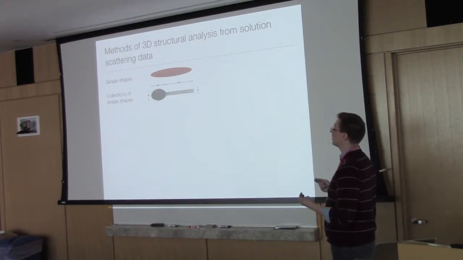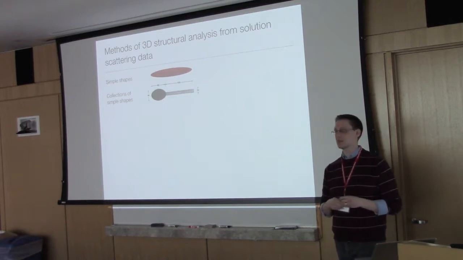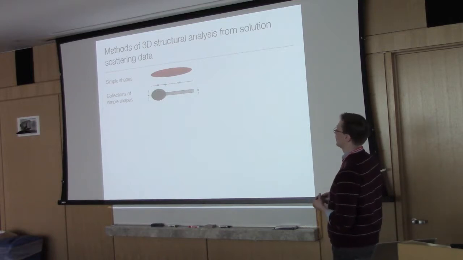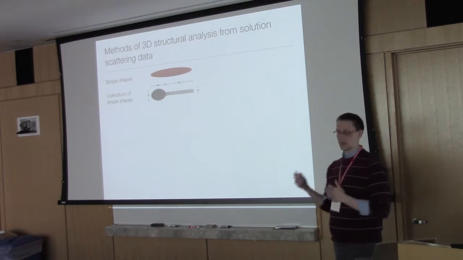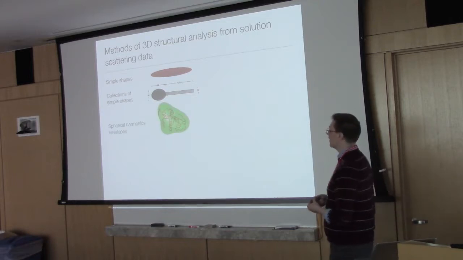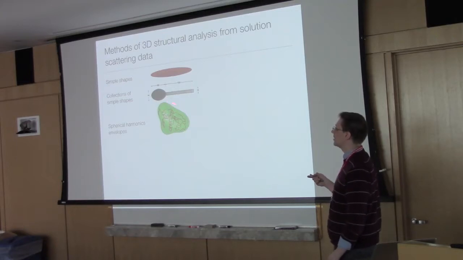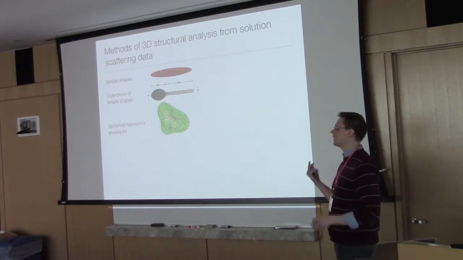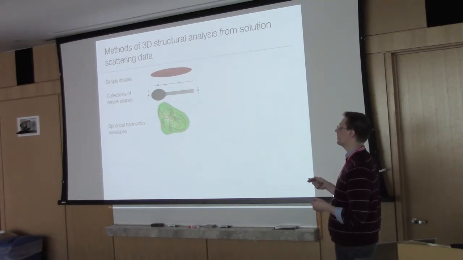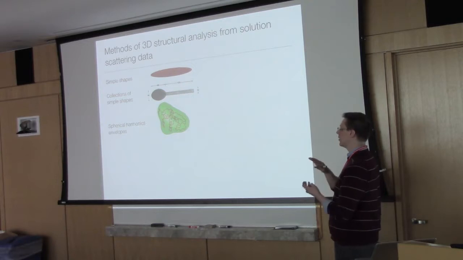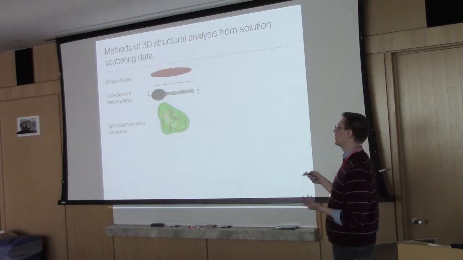And then there was the development of including multiple different types of shapes using some Monte Carlo approaches that allowed us to get a little bit more complex. And then a big advance happened when Sturgeon came up with the idea of using spherical harmonics to define an envelope. So rather than using simple shapes, you can actually get much more complex shapes using spherical harmonics.